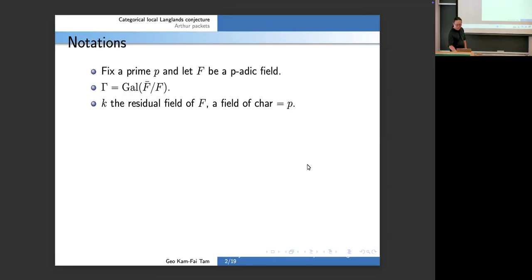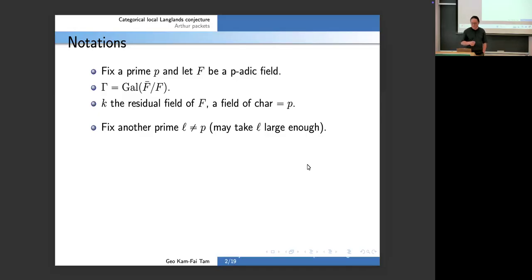For the sheaves that we want to construct, the scalars will be defined over an l-adic field. So we fix another prime l, which is different from p. If you want to make things convenient, you may take l to be large enough.